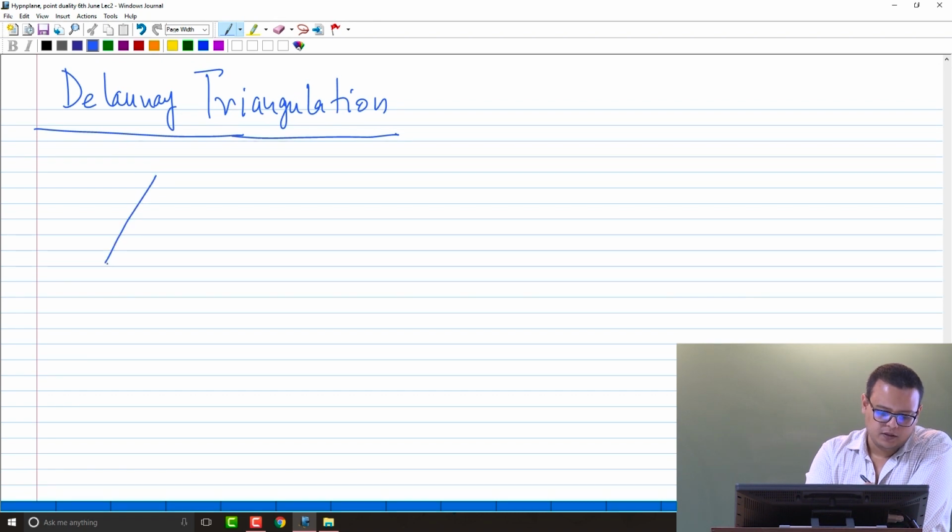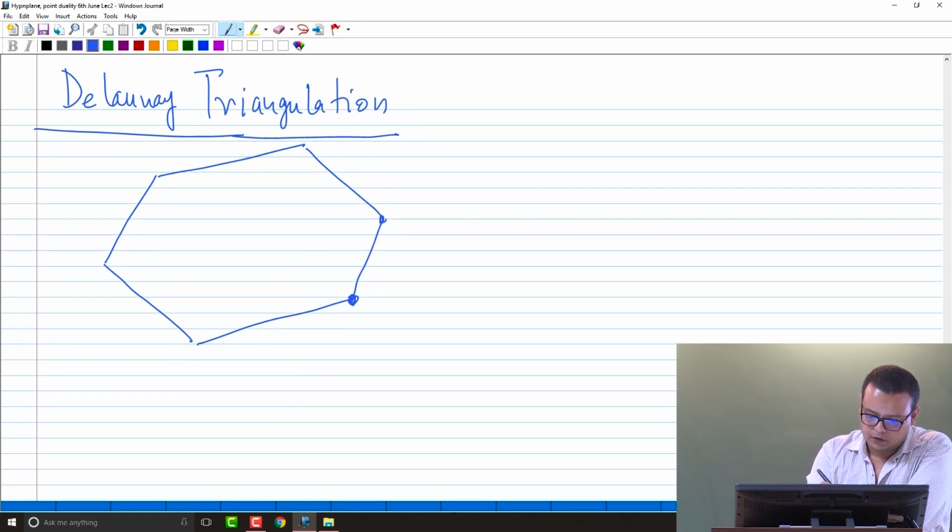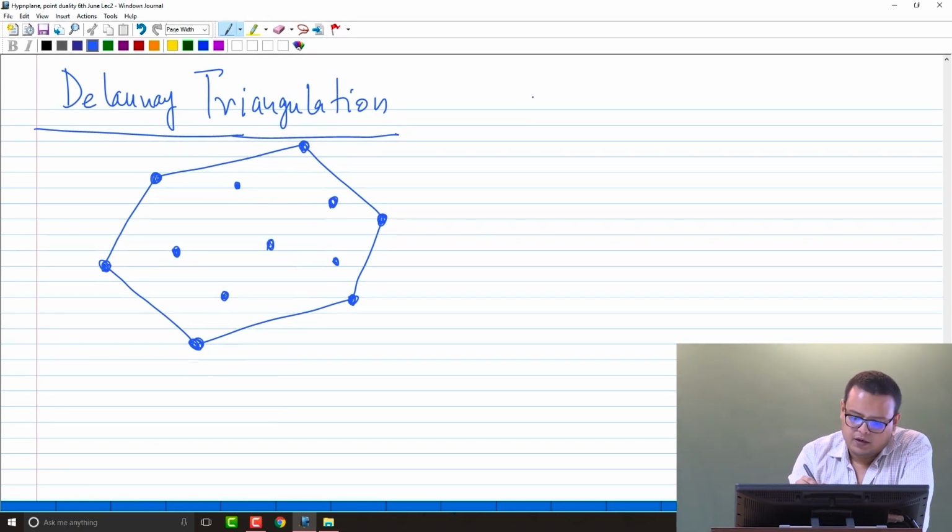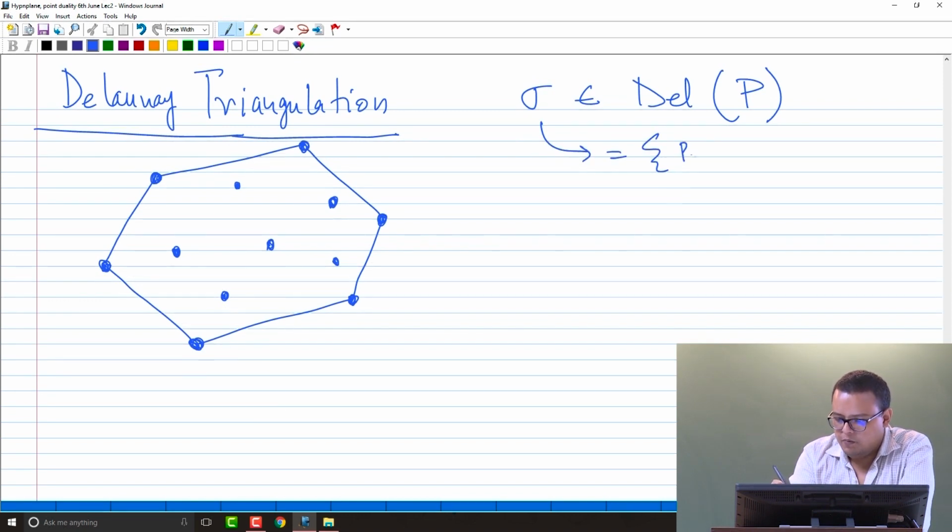So, you have some set of points and I have drawn its convex hull. By the way, the way we have defined it is: we said sigma will belong to the Delaunay triangulation of P if sigma is equal to the set p_1 to p_{k+1}, then the intersection of Voronoi of p_i, i equal to 1 to k+1, is not equal to empty.